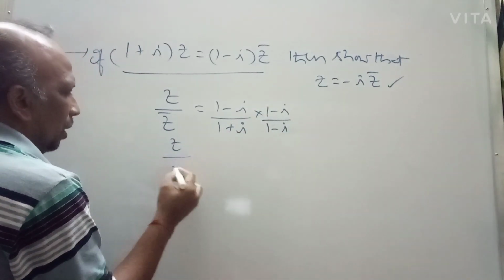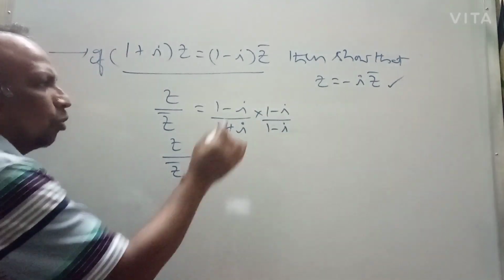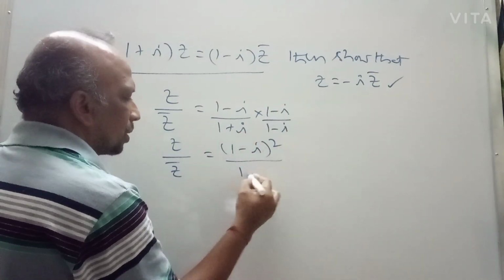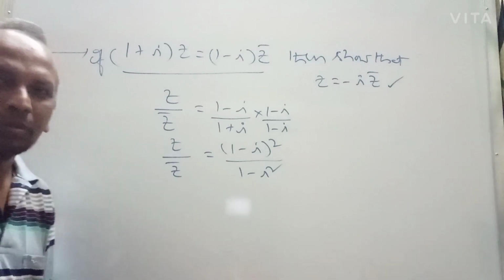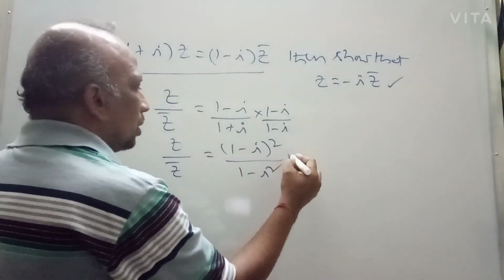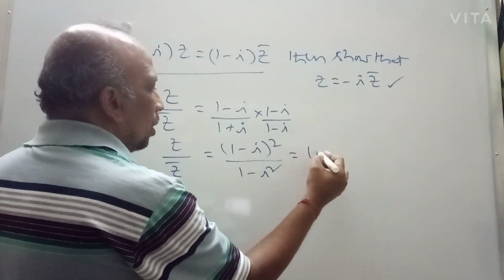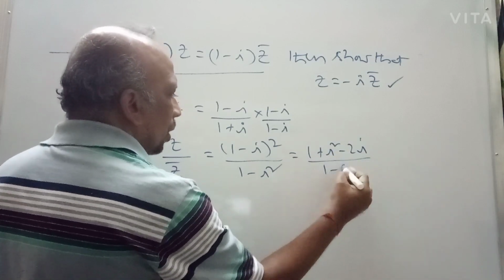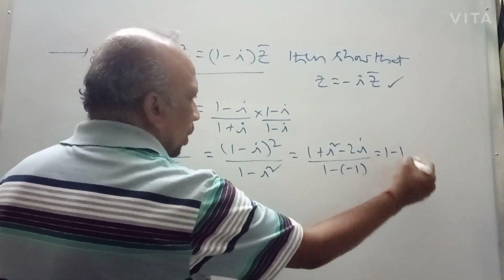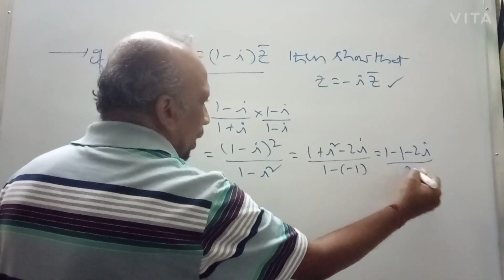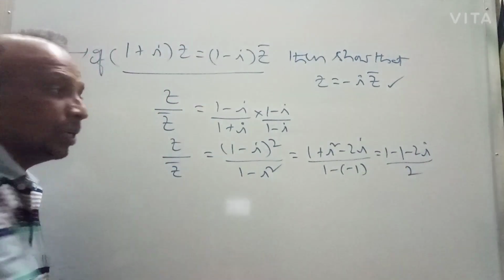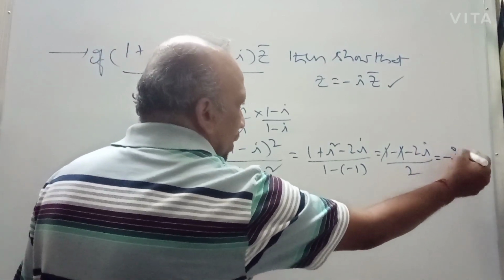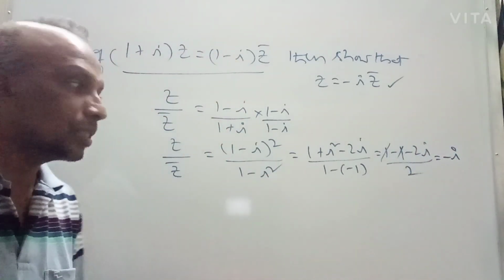So z by z bar equals 1 minus i whole square by a square minus b square, 1 minus i square. Now if I simplify this, it will come 1 plus i square minus 2i by 1 minus of minus 1, that is 1 minus 1 minus 2i by 1 plus 1, which is 2. This will be equal to minus i, right? The value will be equal to minus i.